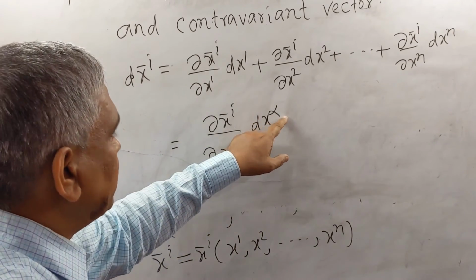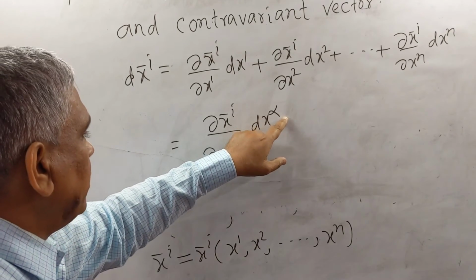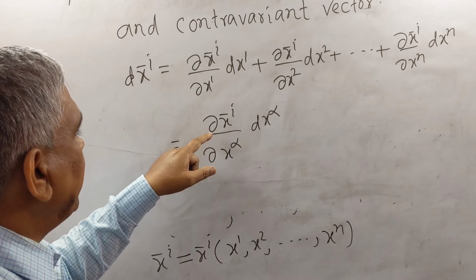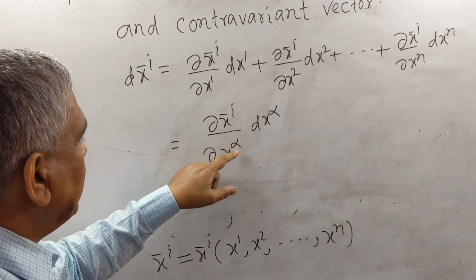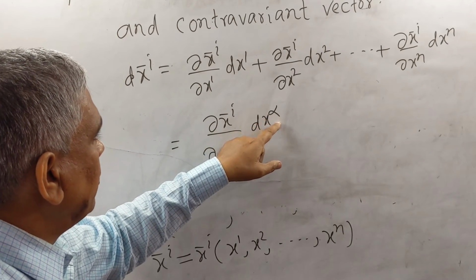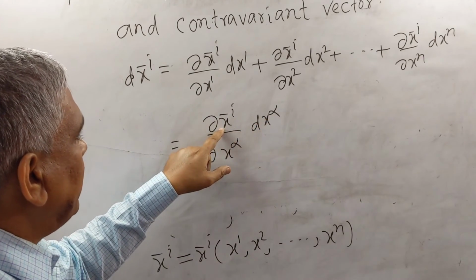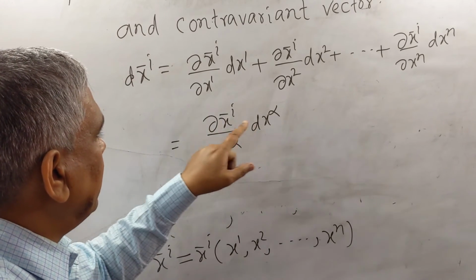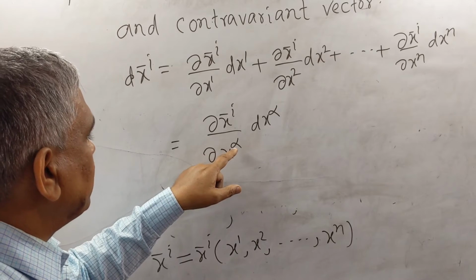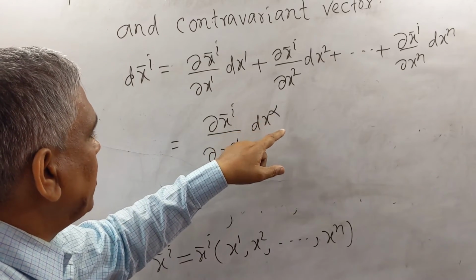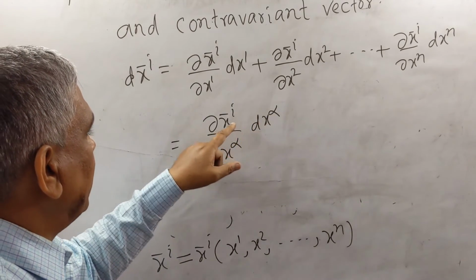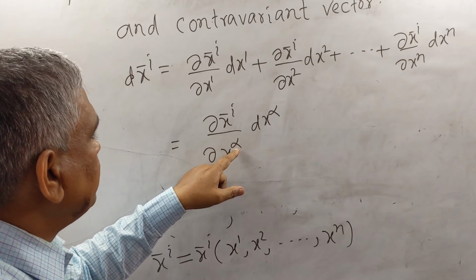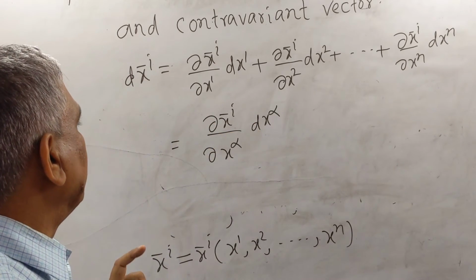This alpha is a dummy suffix, and if we expand this, we get del x bar i by del x1 dx1 plus del x bar i by del x2 dx2 plus del x bar i by del x3 dx3 plus dot dot dot del x bar i by del xn dxn.